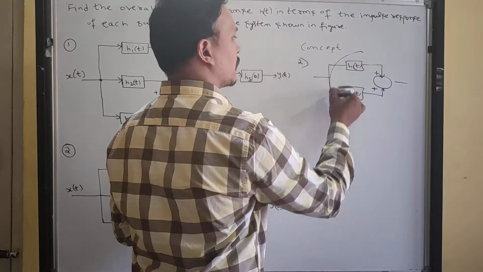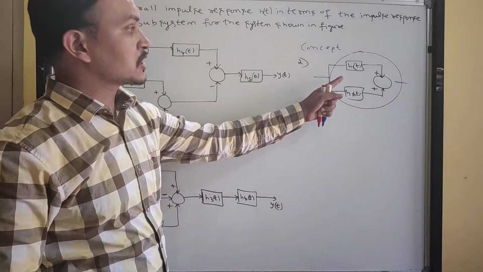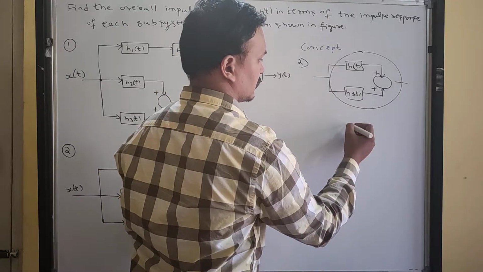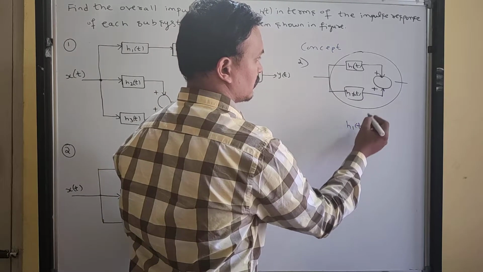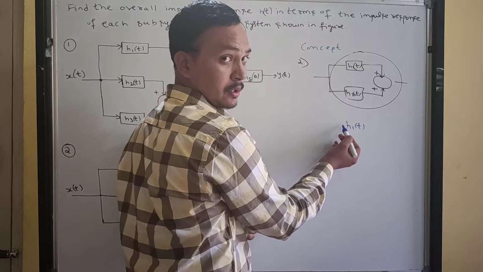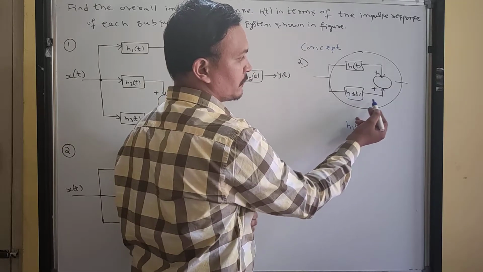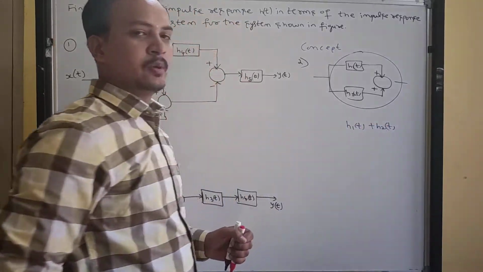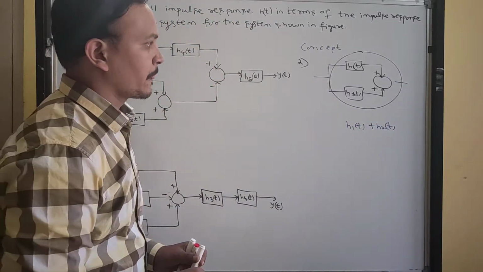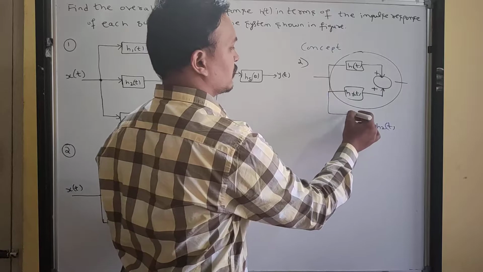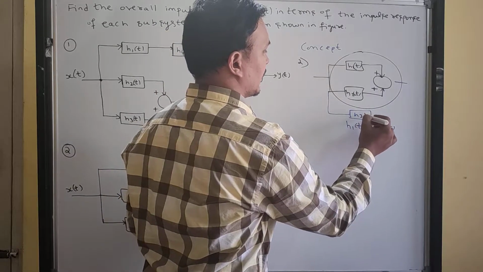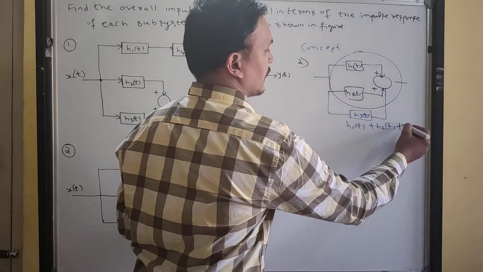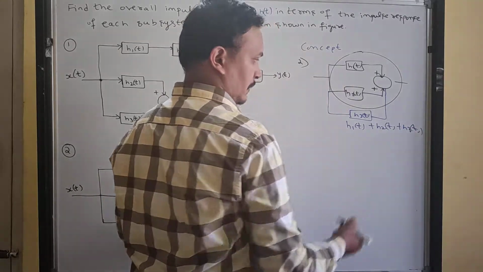So now the overall impulse response of the subsystems can be written as: h1 of t is connected to plus, so you write plus here, and h2 of t is also connected to plus, so therefore you can write h1 of t plus h2 of t. Suppose I connect another one, h3 of t.